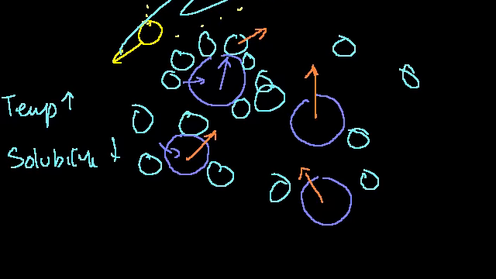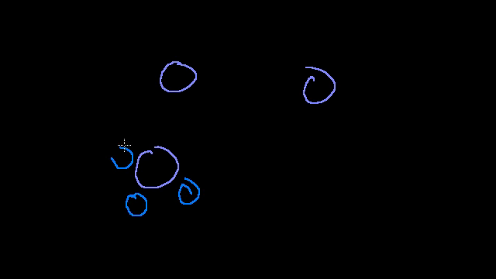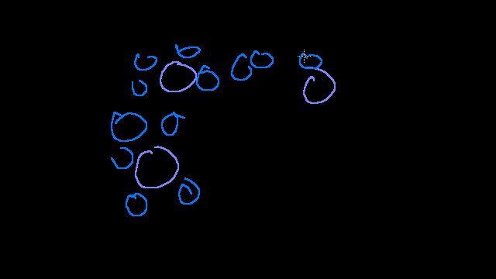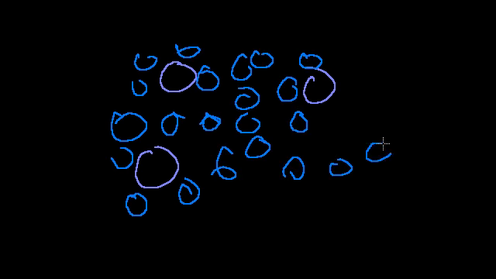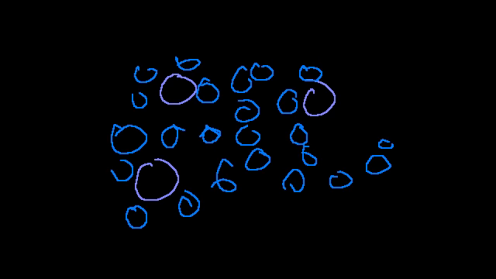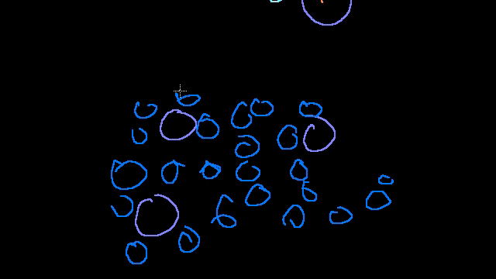Now, the other factor, and it's not as big of a factor when you talk about a solid solute, but when you talk about a gas solute, let me just do it again. Those are carbon dioxide molecules, and then you have a bunch of water molecules that it's dissolved in. I think you get the idea. Pressure is also a big factor. I already said that their natural state is to roam free.